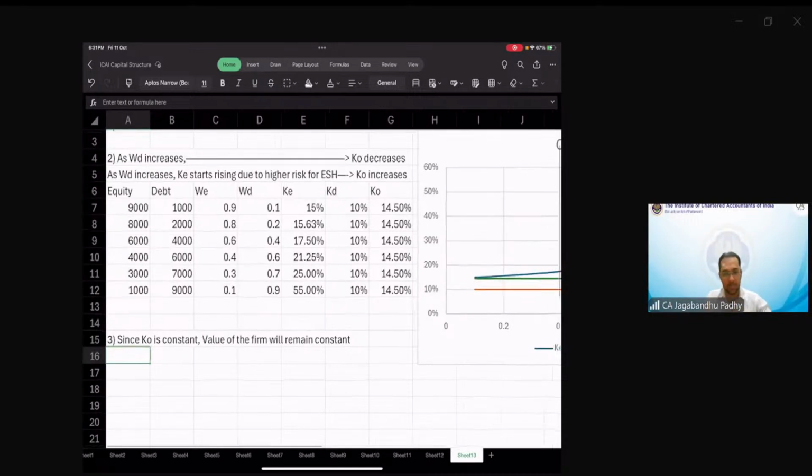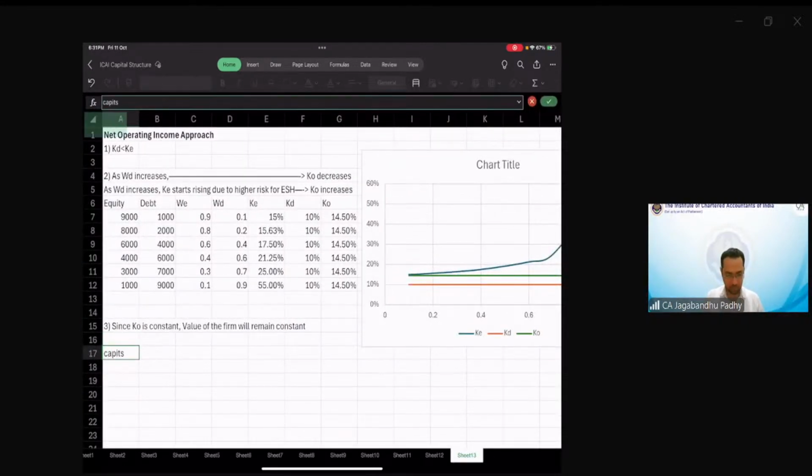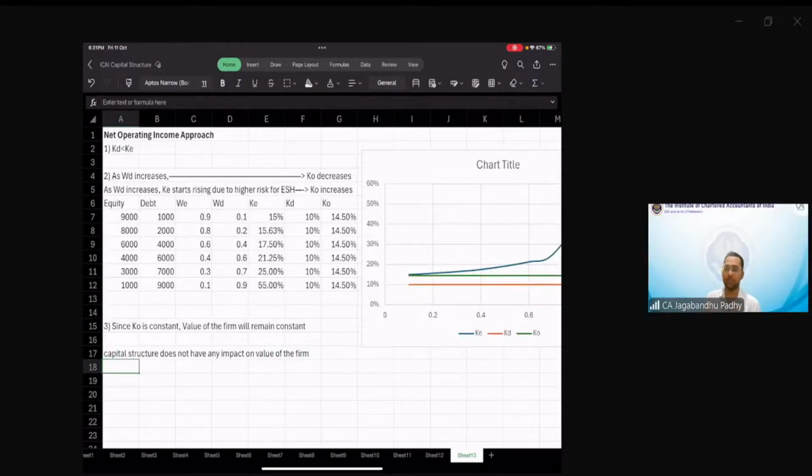So can I say this net operating income approach simply says that capital structure does not have any impact on the value of the firm? Capital structure does not have any impact on the value of the firm, and therefore this was said to be a theory of irrelevance. Therefore, this was said to be a theory of irrelevance, guys. Okay? Is the theory clear?